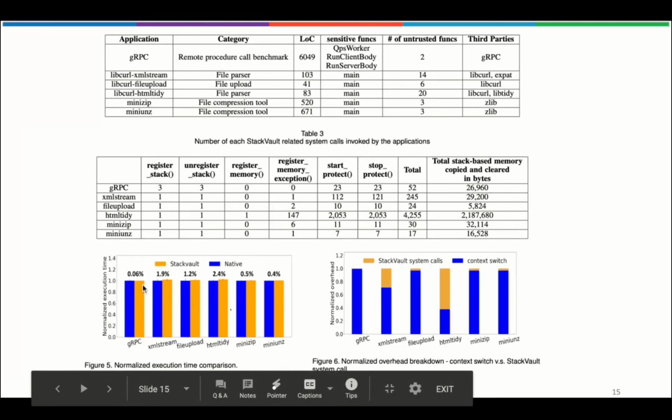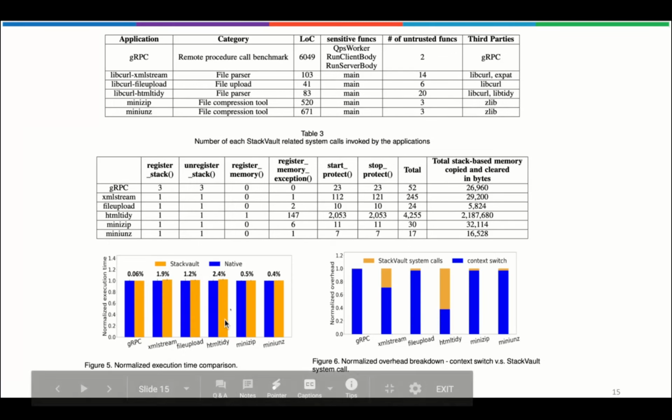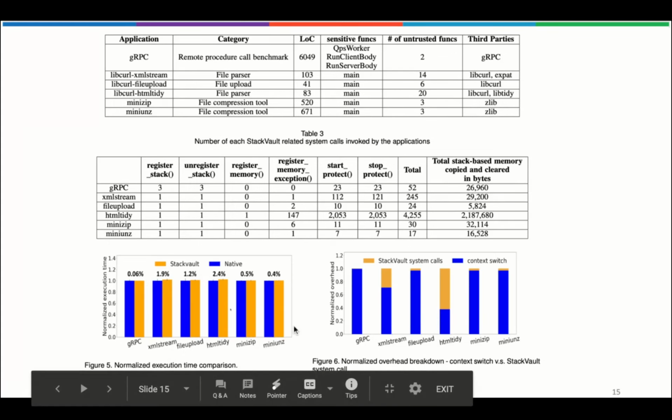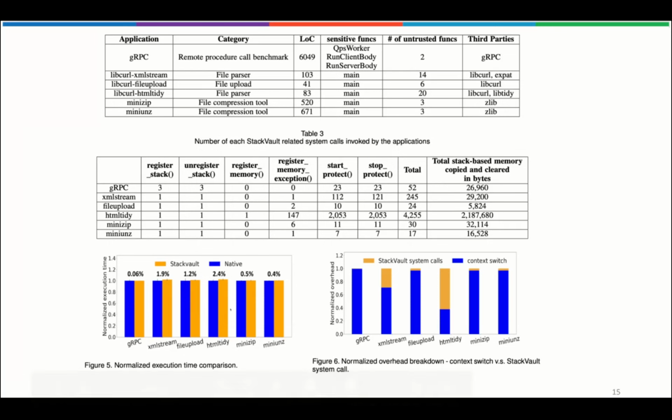The overhead is essentially 0.06 time for gRPC, 1.9% for XML stream, 1.2% for file upload, and the maximum is around 2.4% for HTML tidy. So it's around a 2% increase in the execution cost, which is not much at all given the security you are gaining.